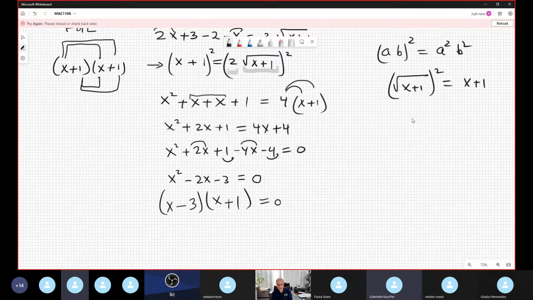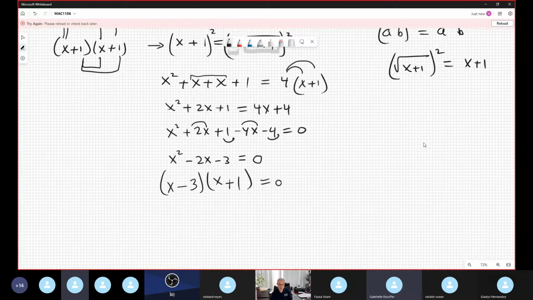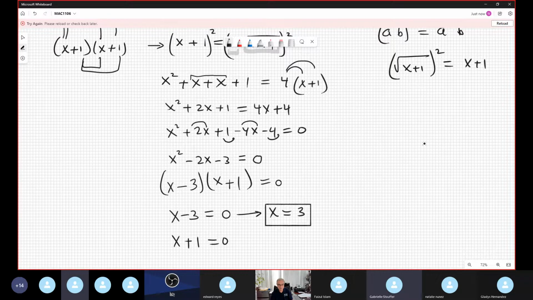No? This is easy. And you separate the equation into two linear equations. Pretty easy. You solve them separately. The first answer is 3, and the second answer is -1.